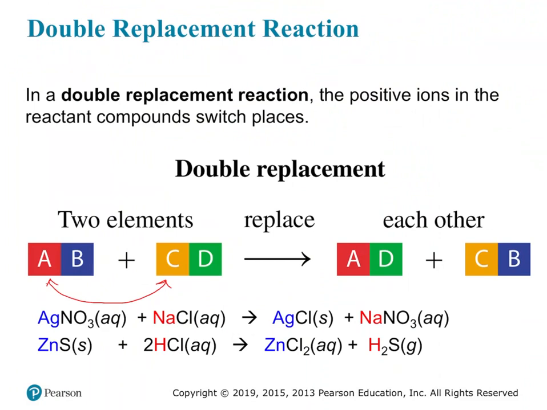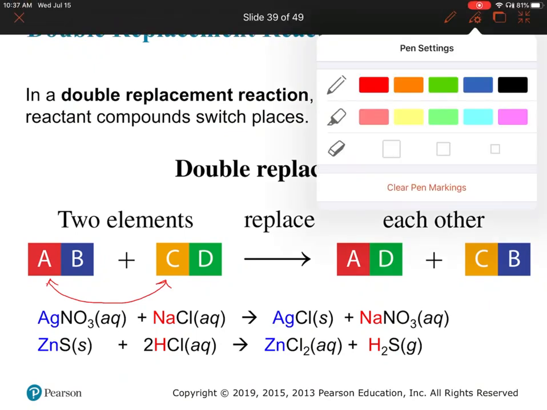All right, now the next type of reaction is a double replacement reaction. So this is kind of similar to the single replacement reaction, except this time everything is switching places.